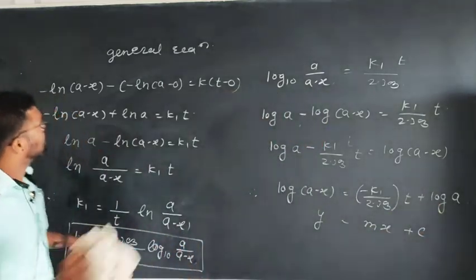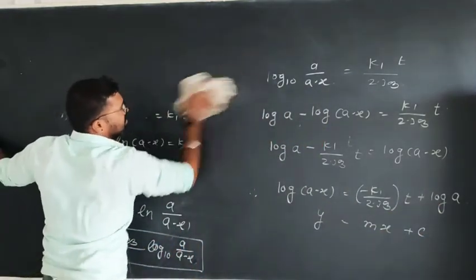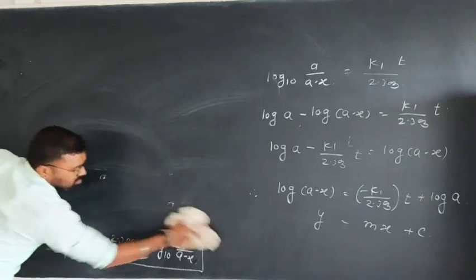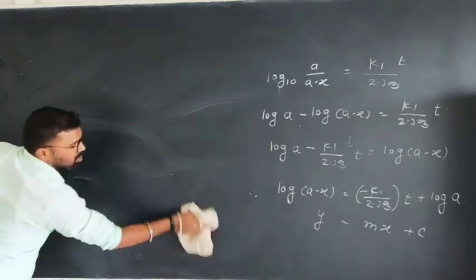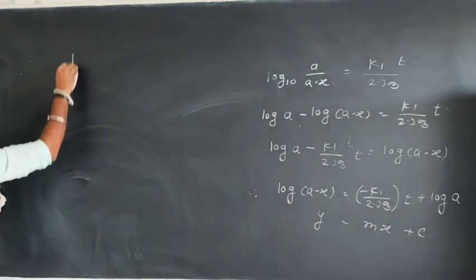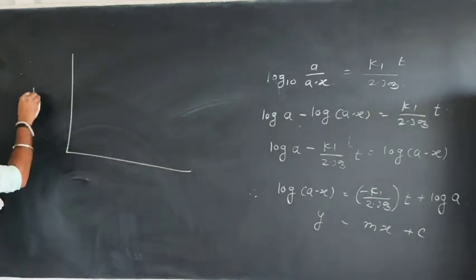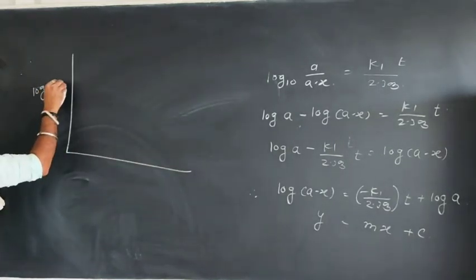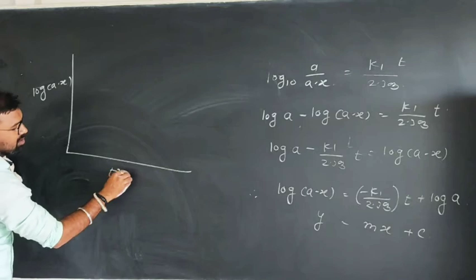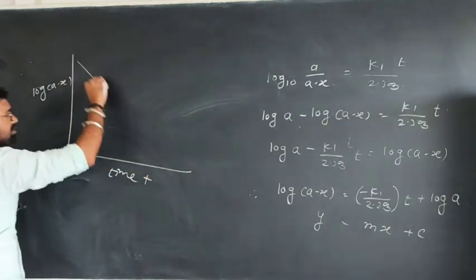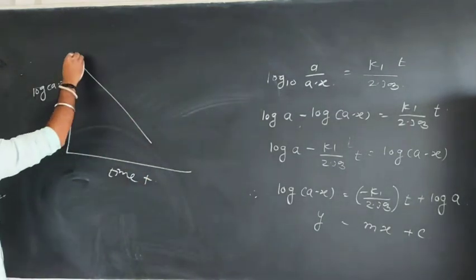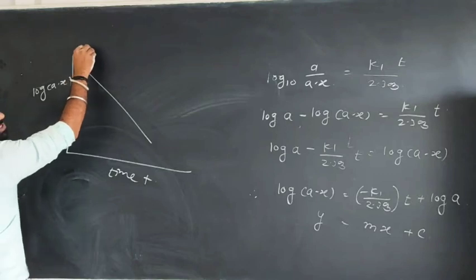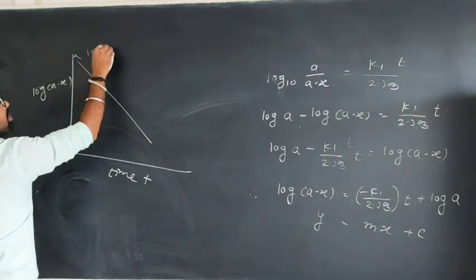That means this graph will be like this: log of a minus x against time t, with a negative slope. This is the y-intercept, which is equal to log of a.